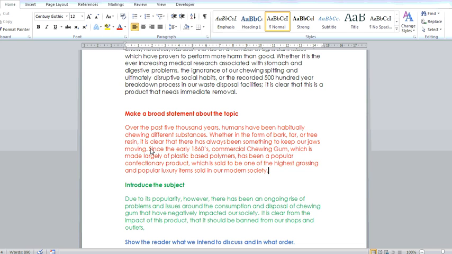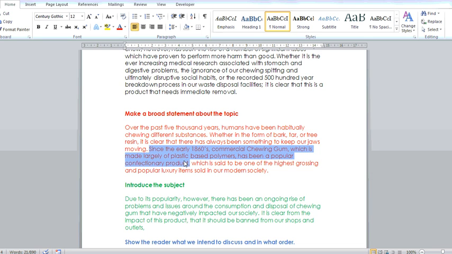We then go on to show that this particular person has done some research. "Since the early 1860s, commercial chewing gum, which is made largely of plastic-based polymers, has been a popular confectionery product." Just this language alone shows a higher level of sophistication in the communication of this student, and it also shows that they've researched and really understand this issue on a more complex level.